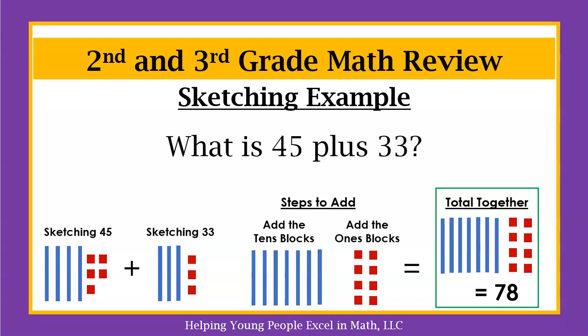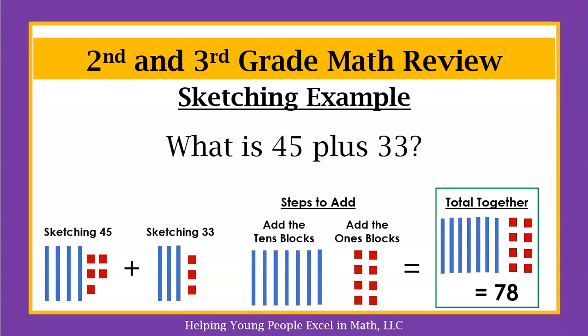So in our first example, our problem says, what is 45 plus 33? In sketching, we have our blue tens blocks and then red ones blocks. To sketch 45, we have 4 tens blocks and 5 ones blocks. Plus, we have 33. To sketch 33, we have 3 tens blocks and 3 ones blocks.